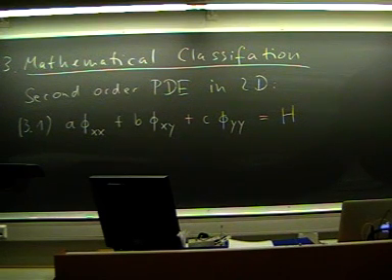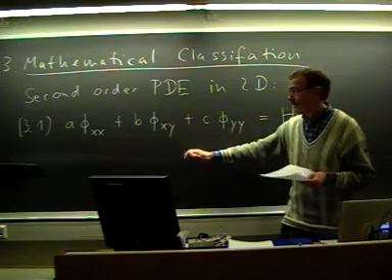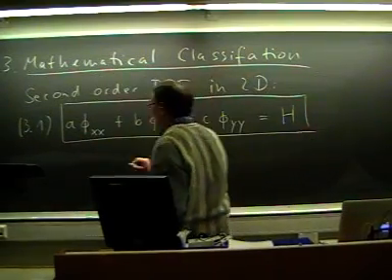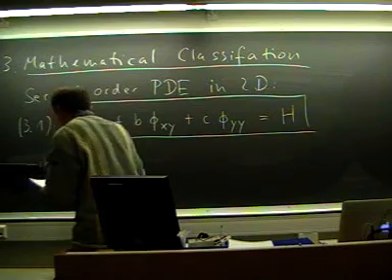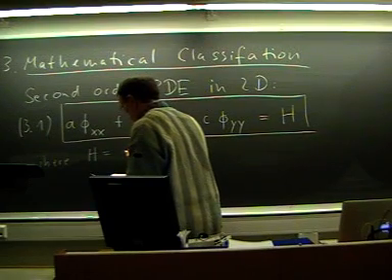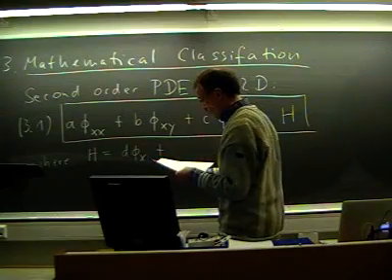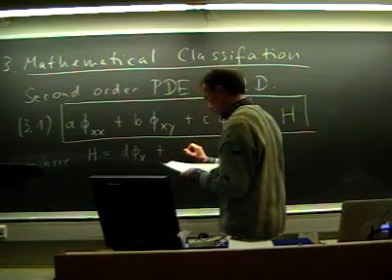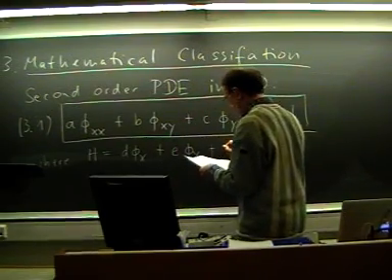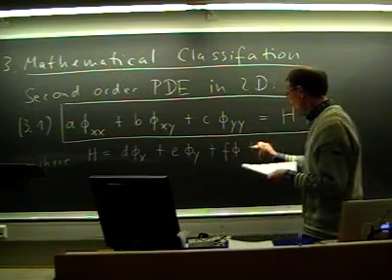Can you see that? Can you see up here? So the h, that is the right-hand side of this equation, is equal to, say, d times phi x, another coefficient times the first derivative of the dependent variable phi, plus e phi y, plus f times phi, plus, and that is also a coefficient, g.